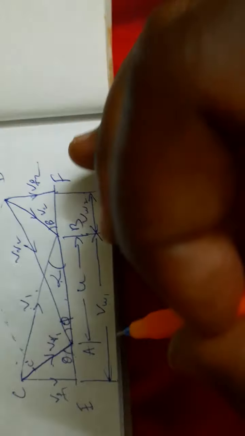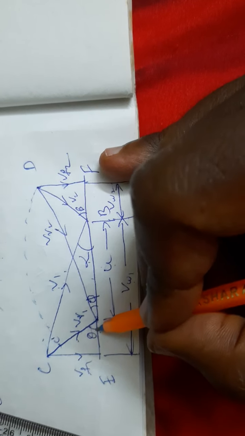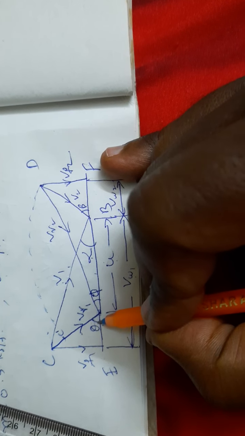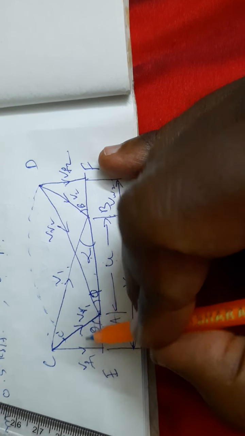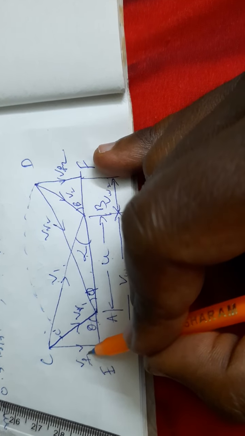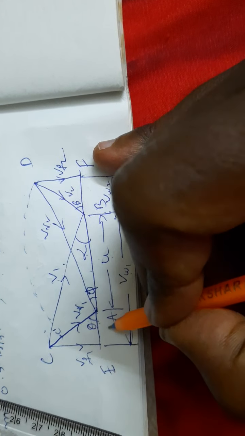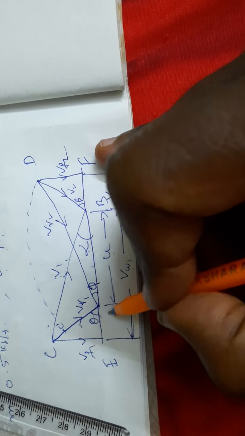Now we can calculate theta. What is the theta value? From the triangle, tan theta is CE by EA distance.